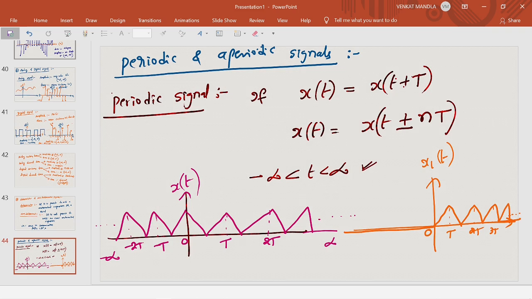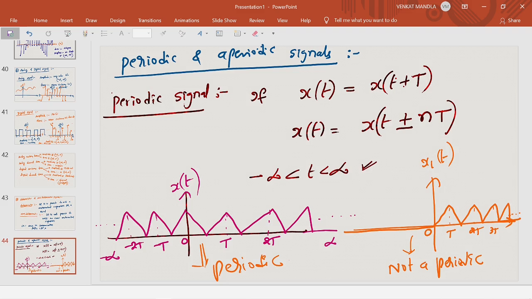This is repeating. But the signal must be repeated from minus infinity to plus infinity. Here it is not repeating over the whole range, so this is not a periodic signal, it is an aperiodic signal.